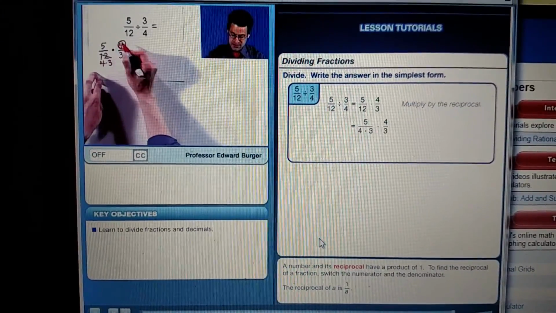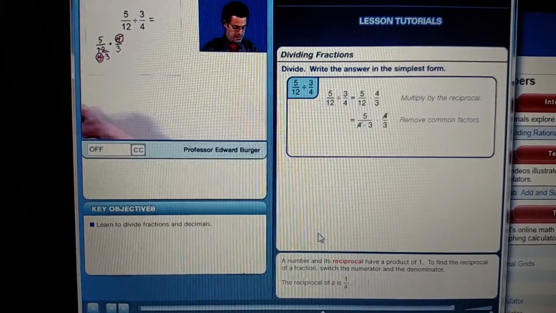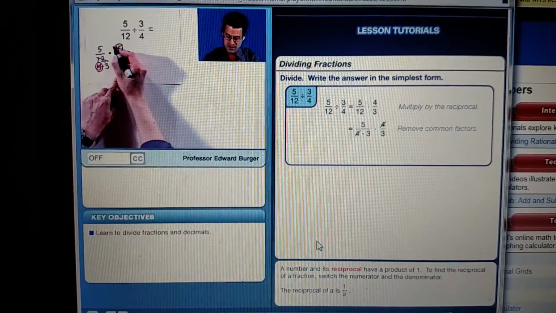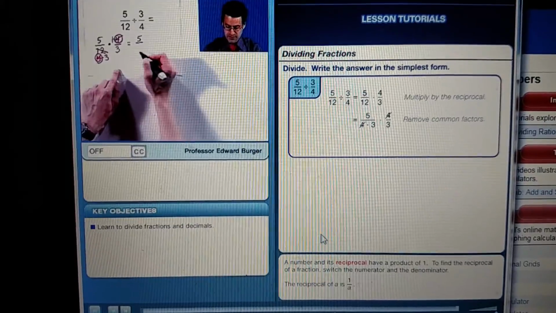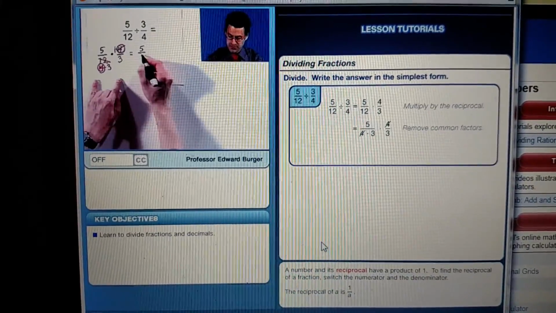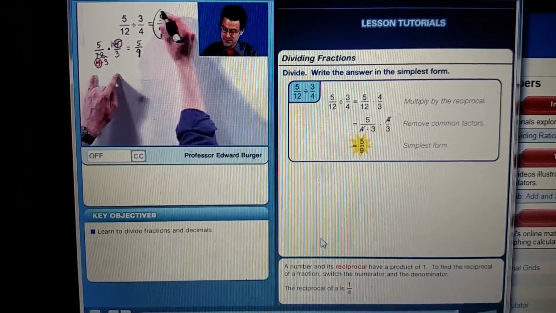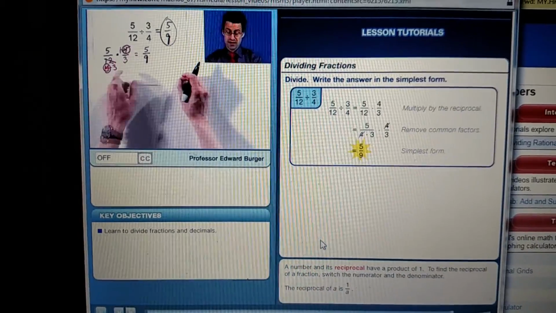And so I've got this common factor of 4 on the top and the bottom that I can reduce. And so what am I left with? I'm left with 5 times the invisible 1 that's left over here, divided by 3 times 3, which is 9. So the answer is 5/9. Dividing by a fraction is the same thing as just multiplying by its reciprocal.